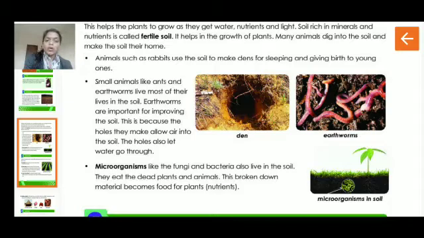This is because the holes they make allow air into the soil. The holes also let water go through. So what happens, students? All these tiny microorganisms or big animals or insects like ants, earthworms, especially earthworms, they are very useful for soil. What they do, they make small holes in the soil.